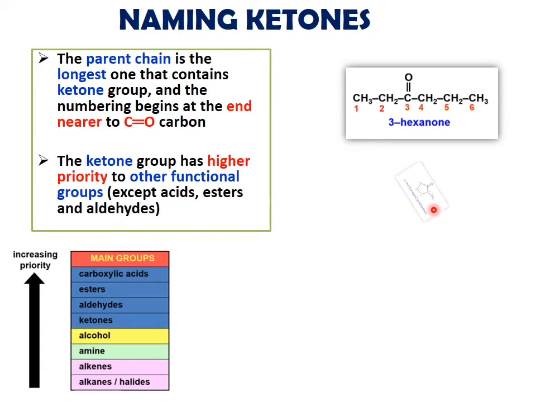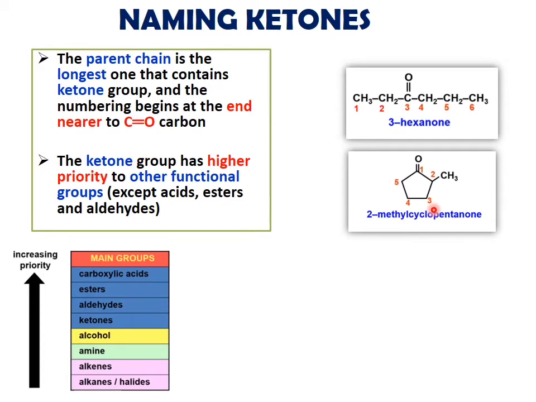Okay, next we have the cyclic ketone. For aldehyde just now we needed to add a special name, carbaldehyde. But for ketone, no need. Okay, because it will be included in the ring like this. So if you look at this ring, the C double bond O is inside the ring. So 1, 2, 3, 4, 5.